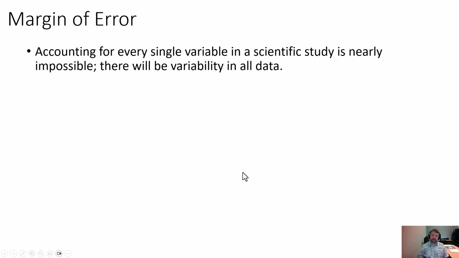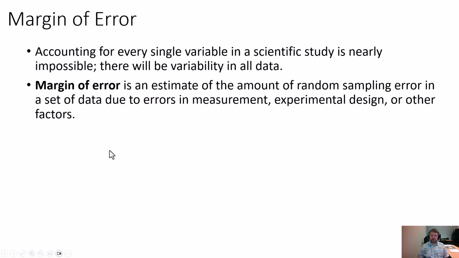Okay, but when you're talking about something that occurs in an environment or over a very long period of time, it's very difficult to deal with those. Okay, so that's why we have an idea of a margin of error, or an estimate of how much error we're willing to accept.